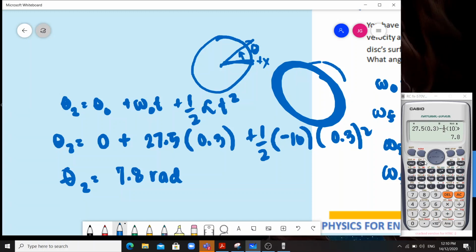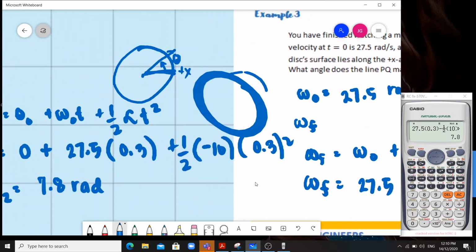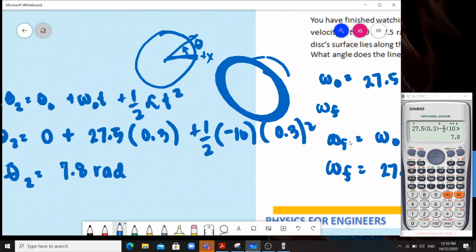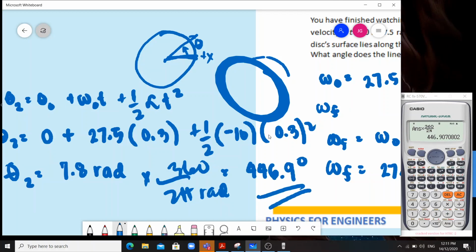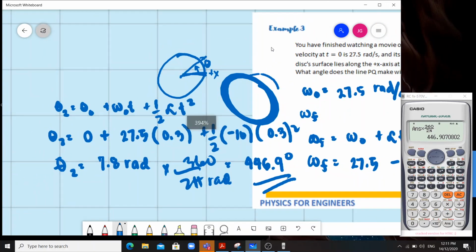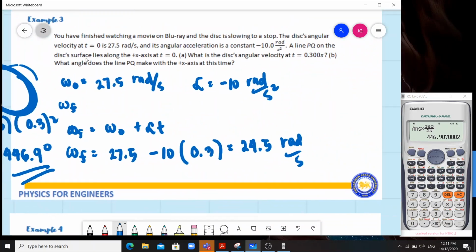In degrees, since 2 pi rad is 360 degrees, that is 7.8 times 360 over 2 pi, which is 446 degrees. So, that's it. That is how you answer example 3.